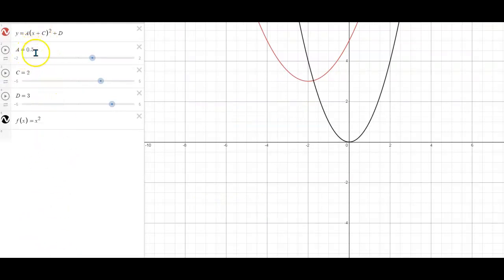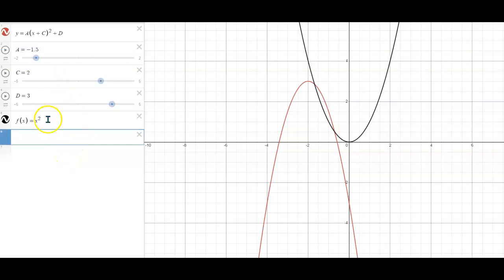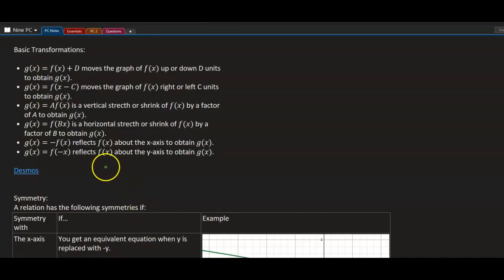I've set this up to go from -2 to 2, stepping at 0.5, and -5 to 5, stepping at 0.1. So you can play around with this to figure out what this is. This is transformations of functions and how we're going to look at and adjust these things.